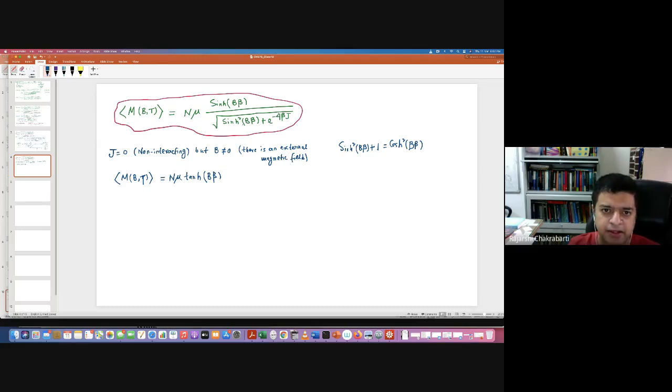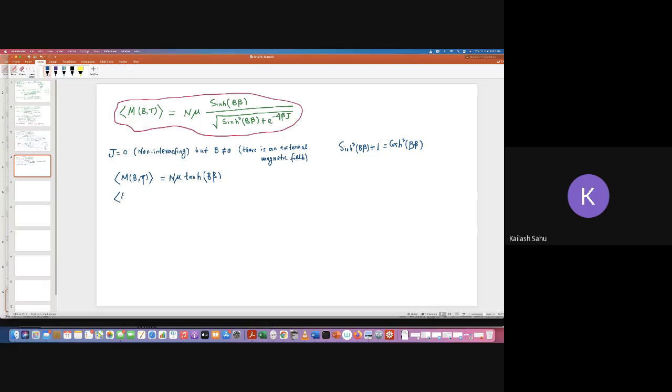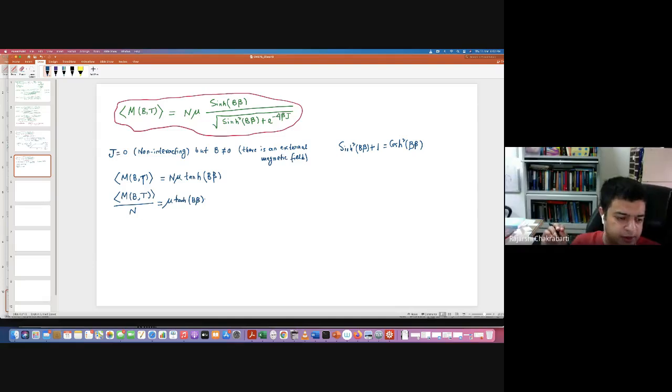Okay, and sine by cos is tan hyperbolic also, isn't it? This is fine. So basically, yes, this is how it is.